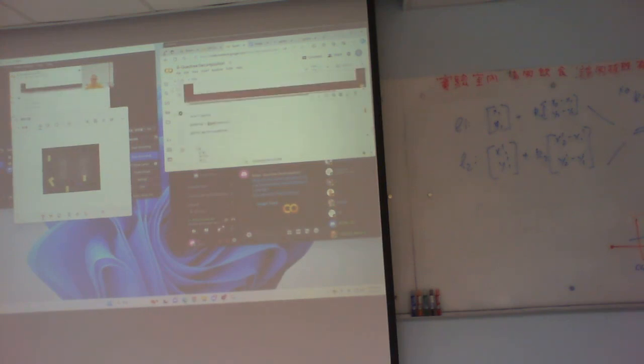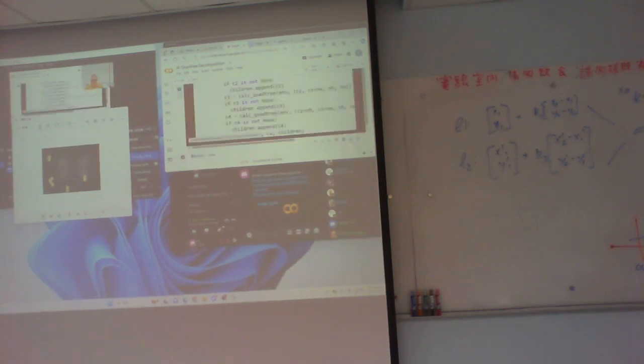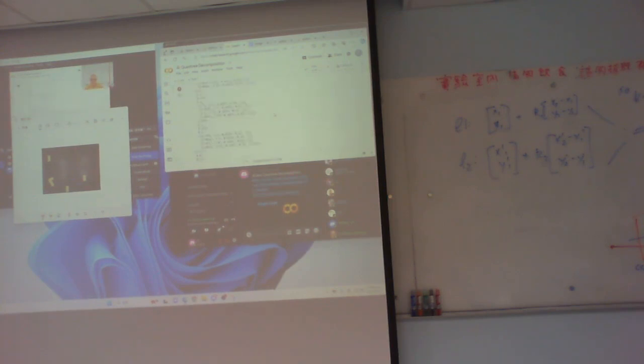And this should be called quadtree. So let's see what we get when we draw it.